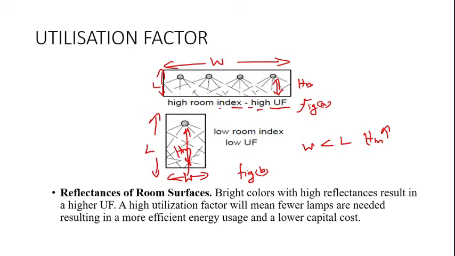So bright colors with high reflectances mean the maximum amount of incident light is being reflected. That is what you mean by reflectances. Bright colors with higher reflectances result in a higher utilization factor, and a high utilization factor means fewer lamps are needed, resulting in more efficient energy usage and a lower capital cost.